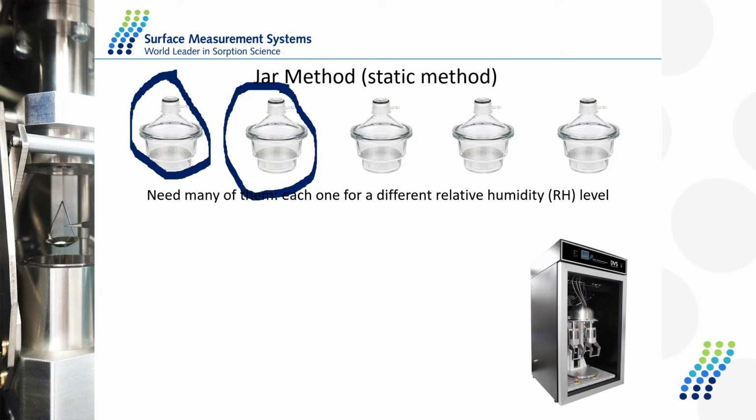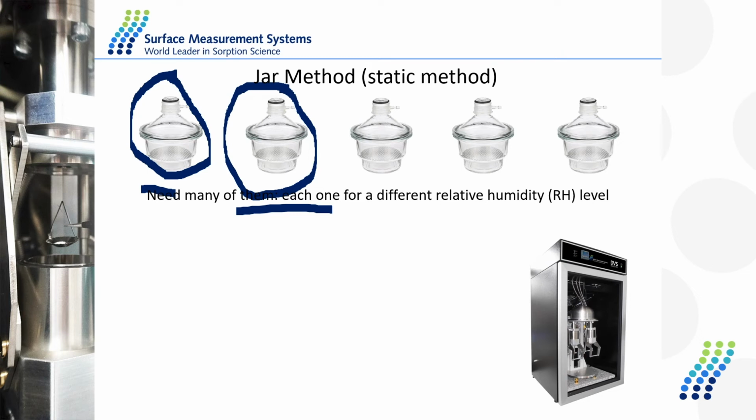And you will do this process over and over until you record a final mass of the sample that is at equilibrium. So the mass stops changing. That will give you an equilibrium point for that relative humidity value for each one of the desiccators. And then you can build up an isotherm in that way.